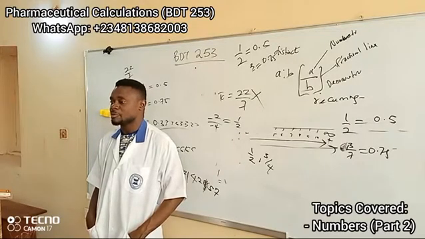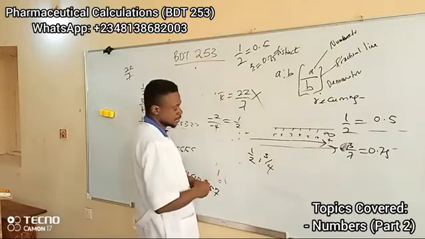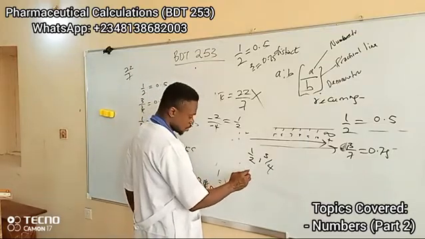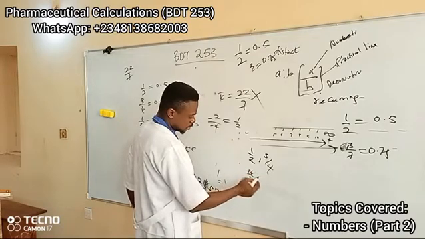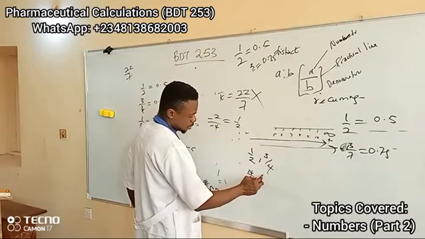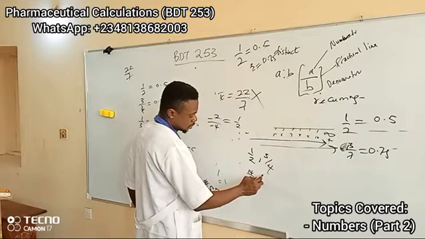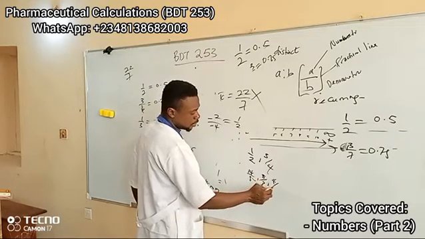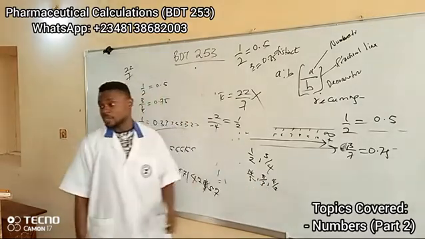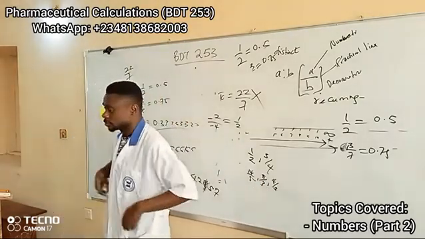Denominator. That's an improper fraction. Something like this: 14 over 2, 14 over 5, 2 over 3, 4 over 3. These are what? Improper fractions.